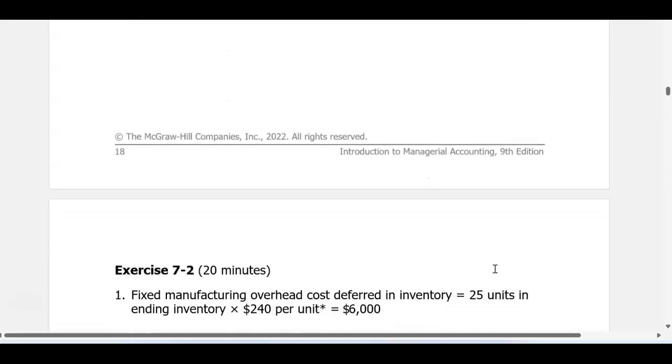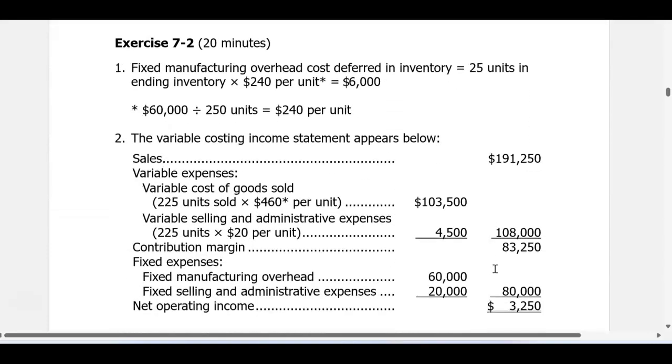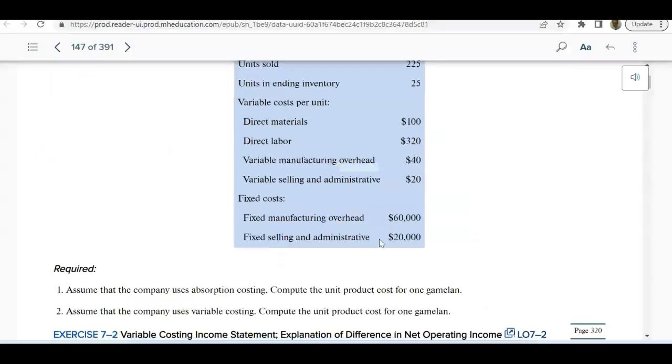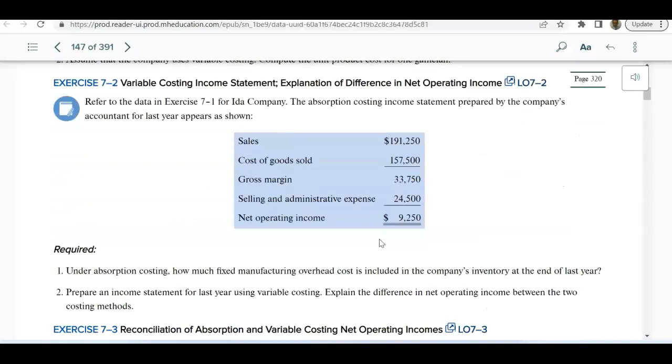Okay, so let's go to exercise 7.2. Here is 7.2. It says, refer to data in exercise 7.1 for IDA. The absorption costing income statement prepared by the company's accountant for the last year appears below.